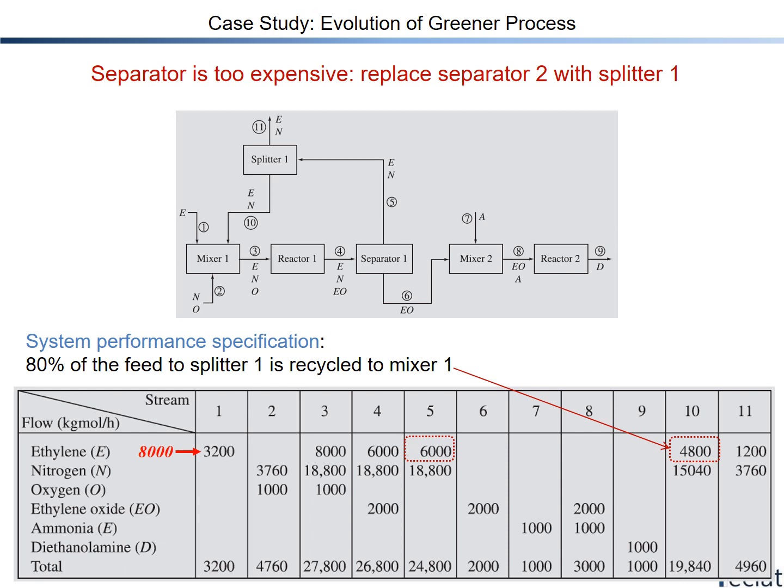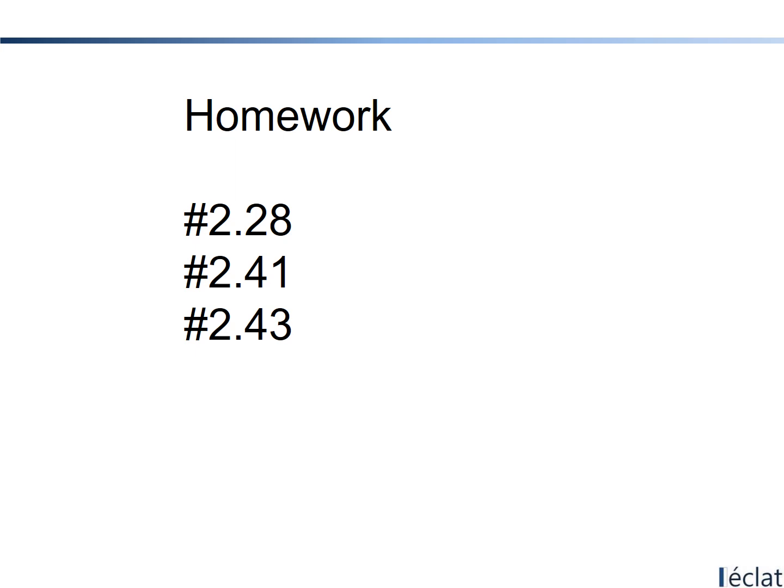So it means by using the recycler, we have saved our cost for the feedstock. Okay, that is the end of chapter 2, and your homework is there.